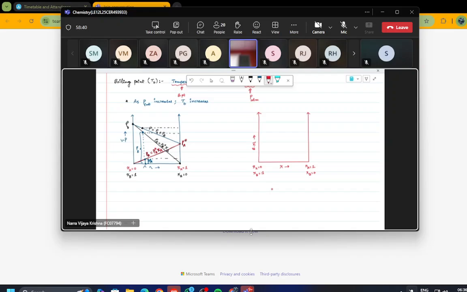The vapor pressure is high for B. Means B can convert into vapor readily. Then what about its boiling point? Low. Correct? Now I will move that a little upward.